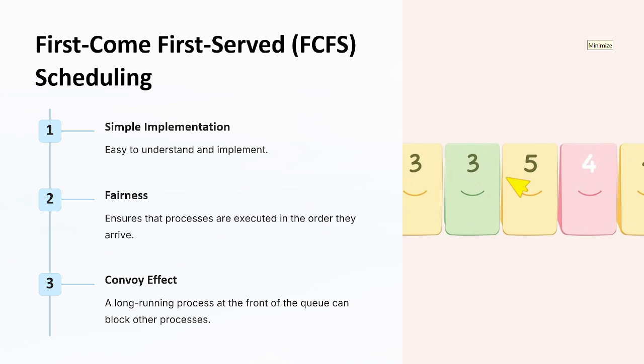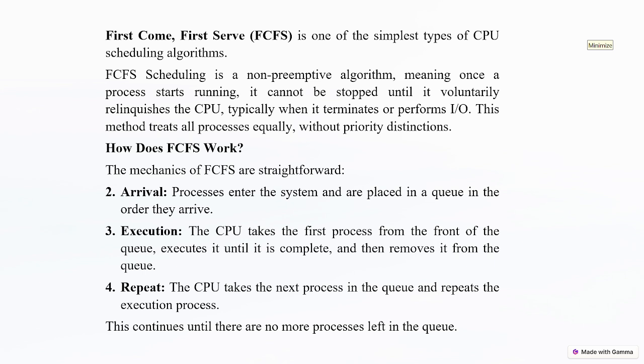For example, if process P1 takes too much time to execute in the CPU, the other processes in the ready queue have to wait. So process P1 blocks the other processes. This is the convoy effect.